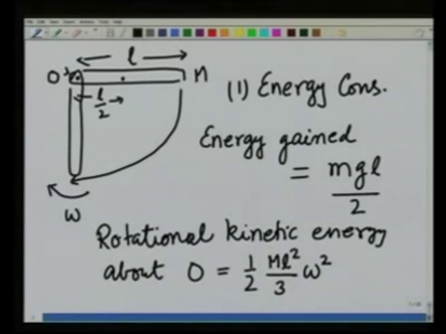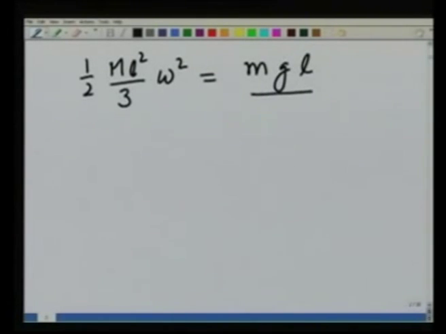The two should be equal, and therefore, I have 1/2 m L square over 3 omega square is equal to m g L divided by 2.